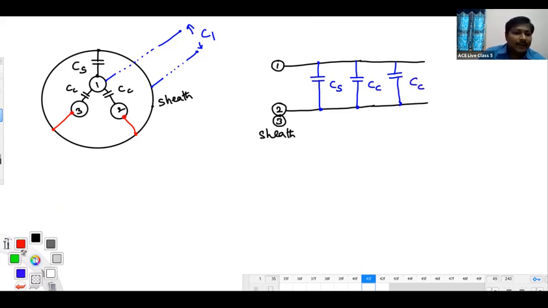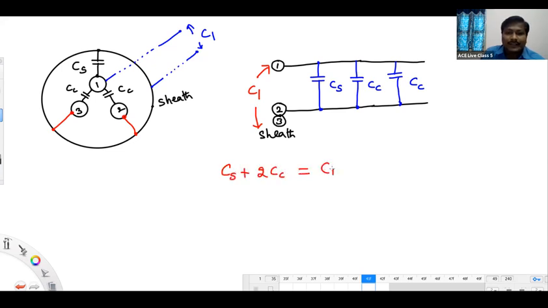Now we have to find the effective capacitance from core number 1 to sheath, and make it equal to C1. How are these 3 capacitances connected? In parallel. The parallel equivalent is CS plus 2CC, and that is equal to C1.